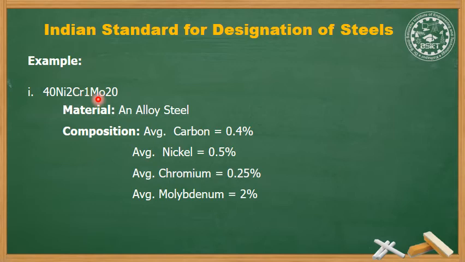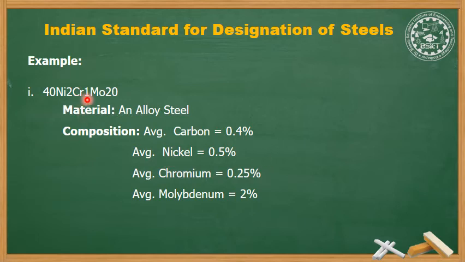For nickel and chromium, the multiplying factor is 4, and for molybdenum the multiplying factor is 10. Next is the average percentage of nickel. The number given is 2. As the multiplying factor for nickel is 4, divide this 2 by 4, you will get 0.5. So the average percentage of nickel will be 0.5.